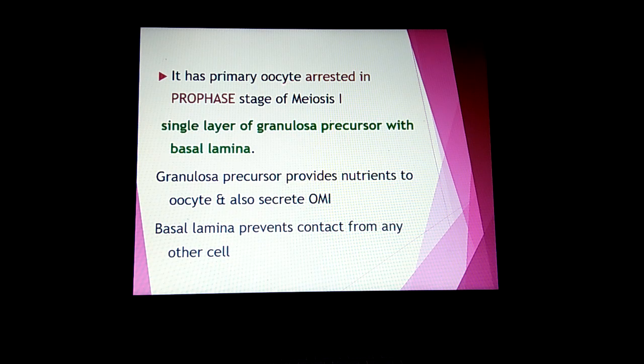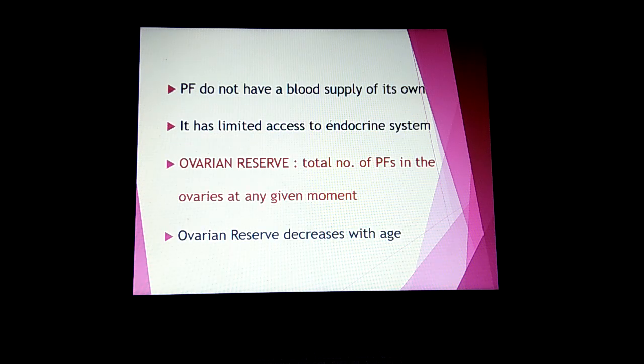The primary oocyte, as we have already discussed, is arrested in the prophase stage of meiosis 1. It has a single layer of granulosa precursor cells with the basal lamina. The granulosa precursor provides nutrients to the developing oocyte and also secretes oocyte maturation inhibiting factor, and the basal lamina prevents contact from any other cell.